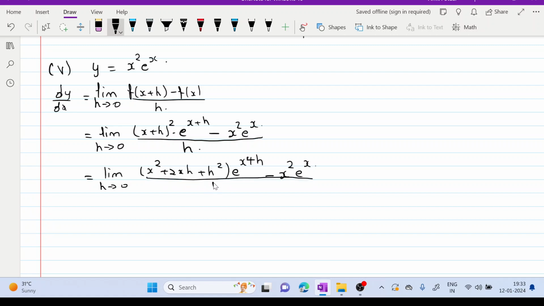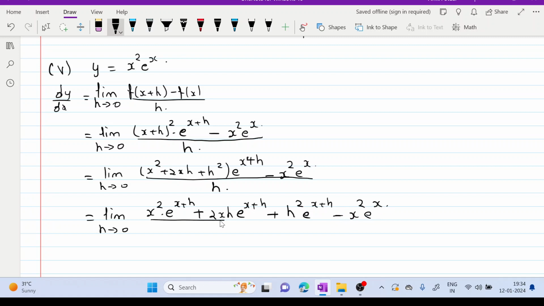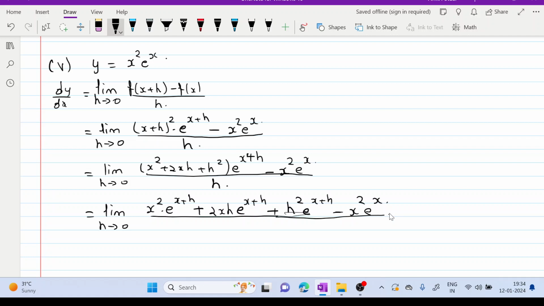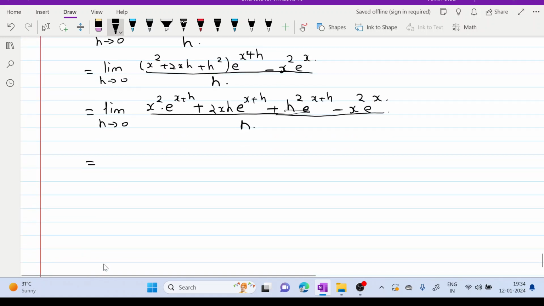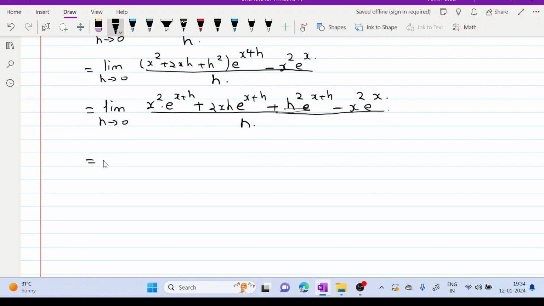divided by h, which is equal to limit as h tends to 0 of x square e^(x+h) plus 2xh e^(x+h) plus h square e^(x+h) minus x square e^x, this whole thing divided by h, which is equal to limit as h tends to 0.